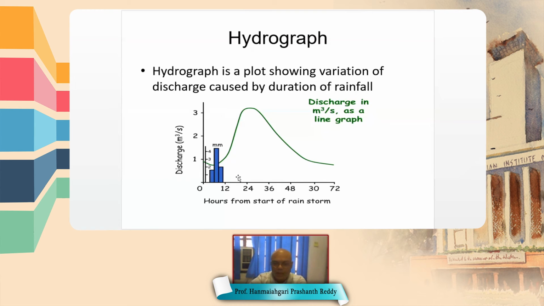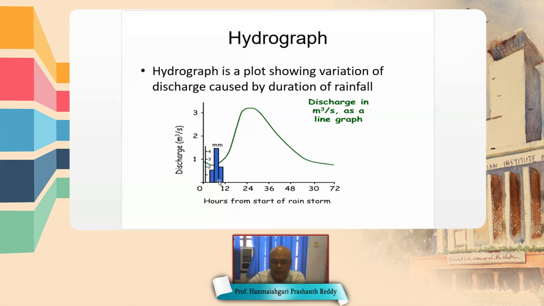So this is the hydrograph, nothing but a plot between discharge and time, discharge versus time. Generally, the hydrographs are shown like this.